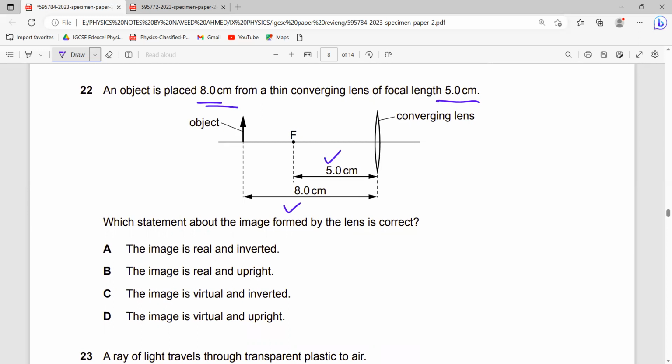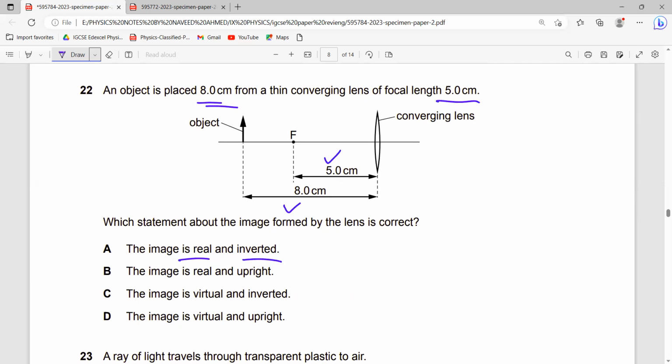Which statement about the image formed by the lens is correct? As we have read about the different possibilities of the image formed by the converging lens, when the object is beyond the focal length, its image is always real and inverted.